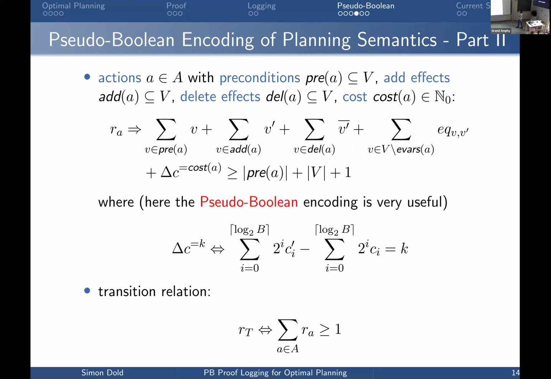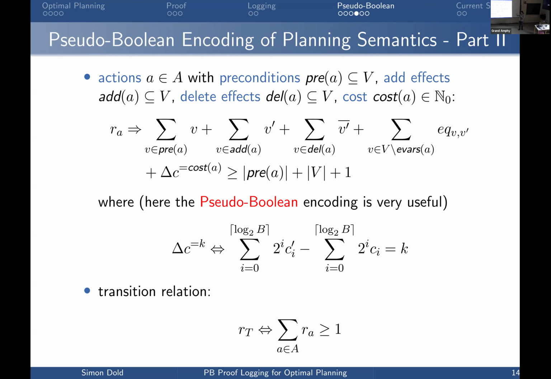And now to the interesting part, the actions. How do we encode them? So I said for an action, we have a precondition. When are we allowed to apply this action? All the state variables that are part of the precondition should be part of the state, otherwise I'm not allowed to apply it. So this will be part of the conjunction.